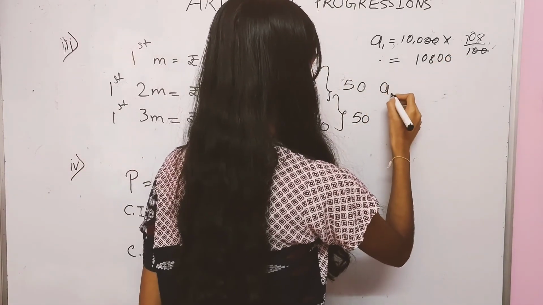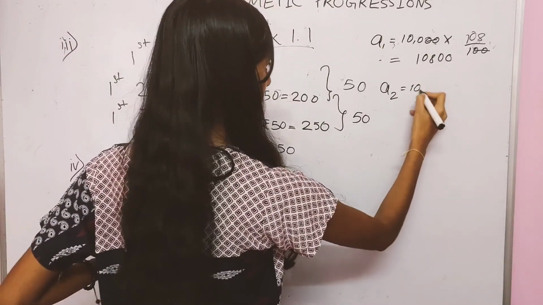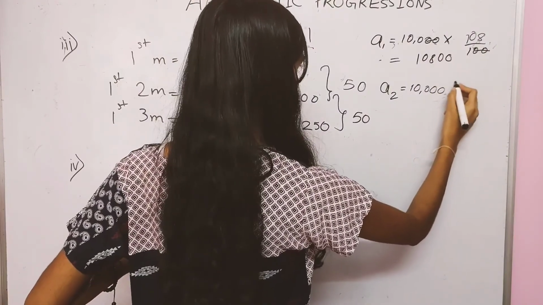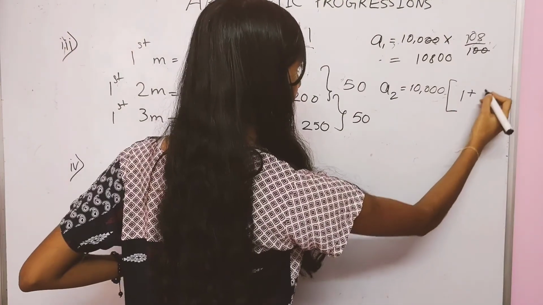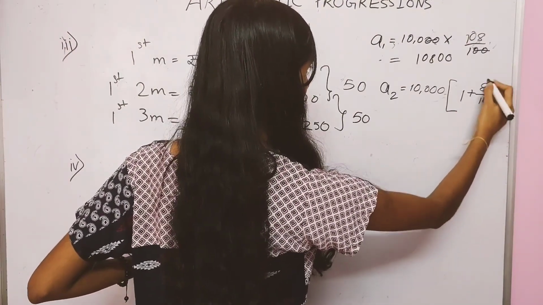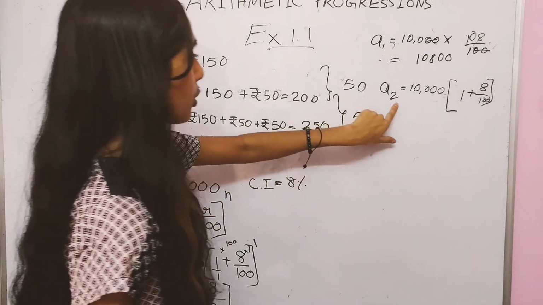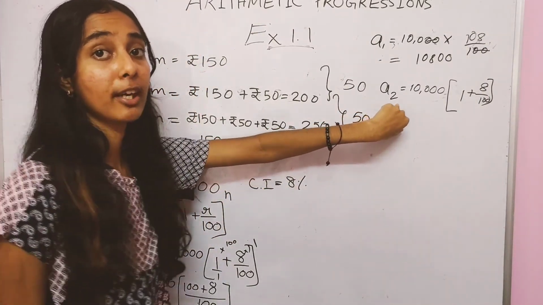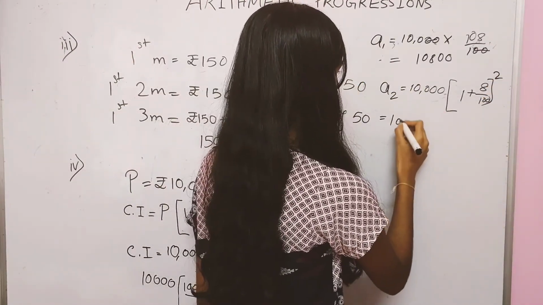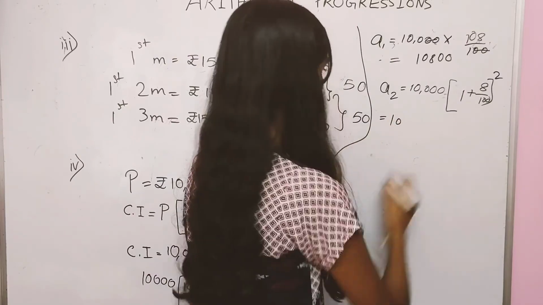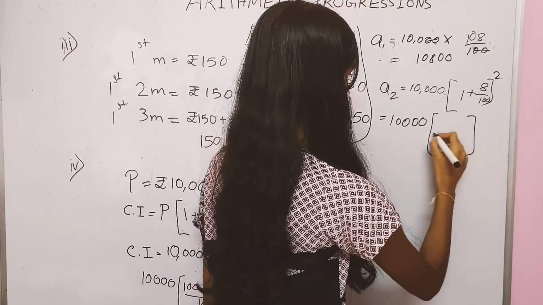Second term. P is 10,000, 1 plus rate of interest 8 by 100. In the place of n, I will put 2. Why? Because we are finding the second term. 10,000, I'll take the LCM.